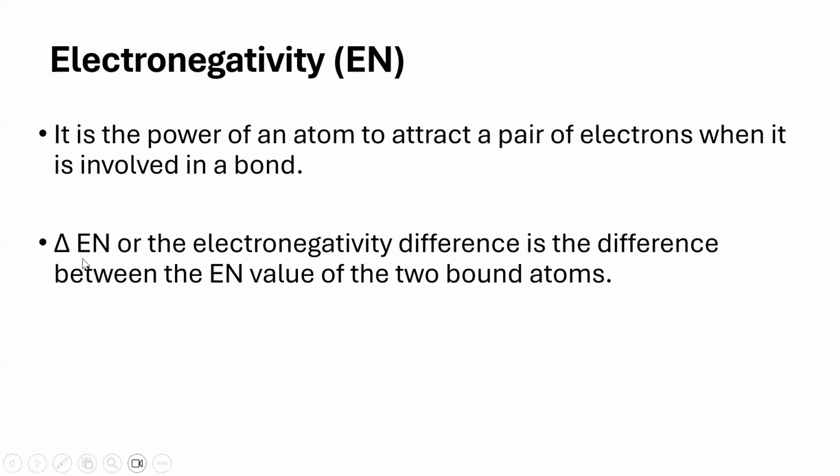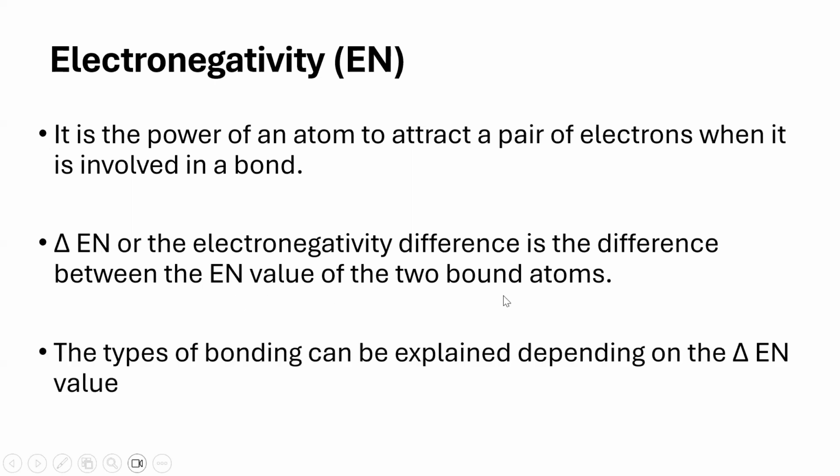Delta EN, which is the electronegativity difference, is the difference between the electronegativity values of the two atoms that bind together.